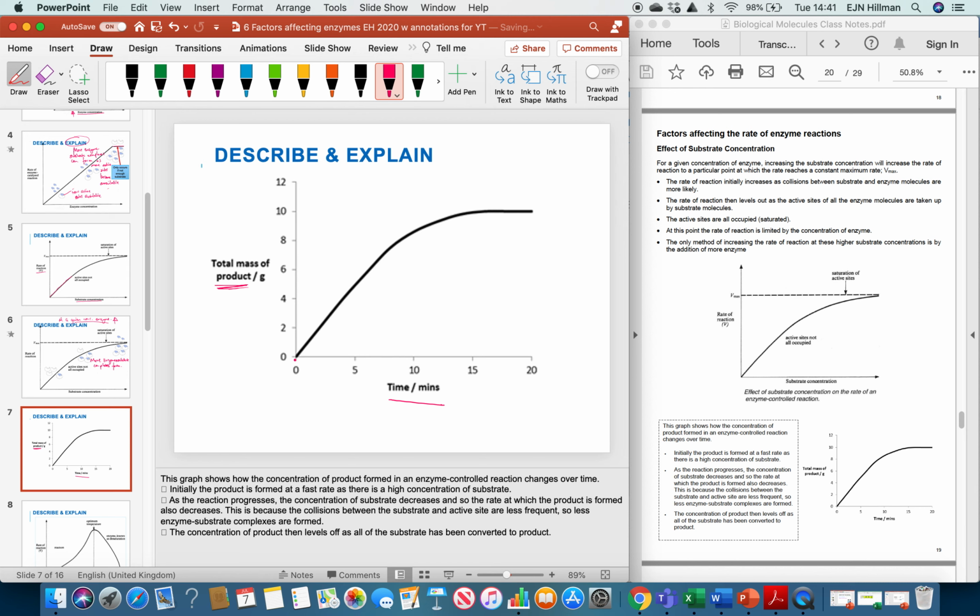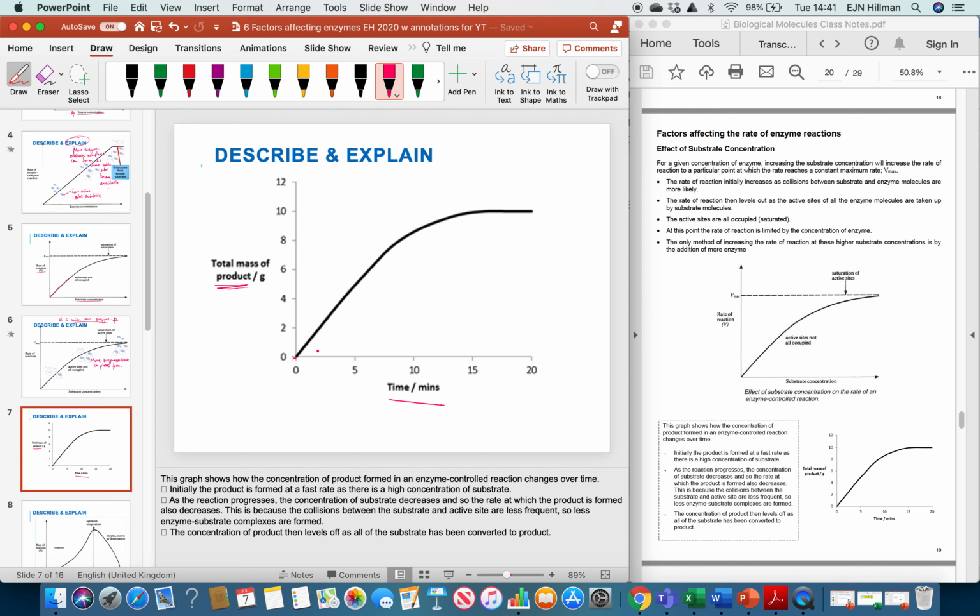So what we can assume then, at 0 we add the substrate to the enzyme. Over time that substrate forms an enzyme substrate complex and is converted into the product. We're measuring the mass of that product as it changes over time.